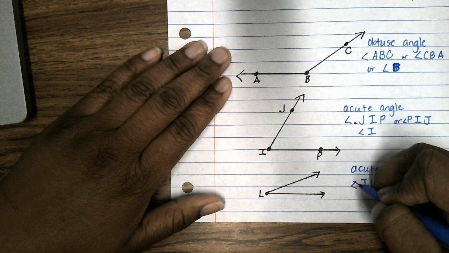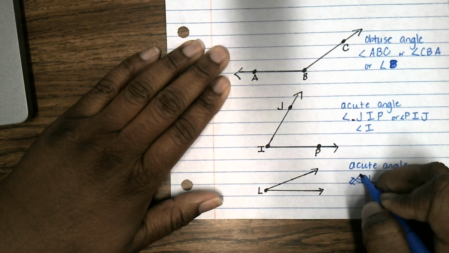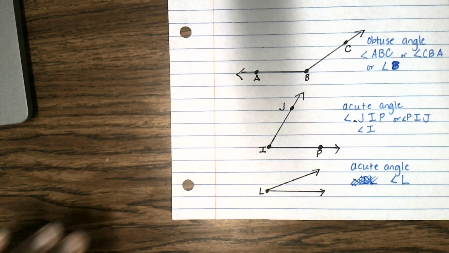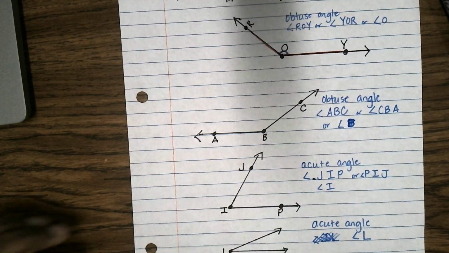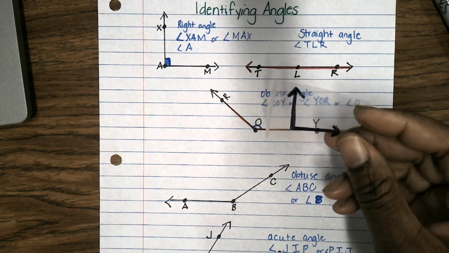Sorry, that's not angle IL. That's just angle L. That's it. The other letter. Okay? This is how you identify angles, and we use this tool as a reference point to help us with that.